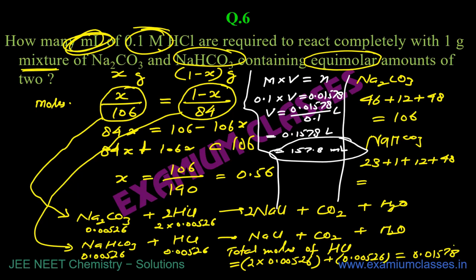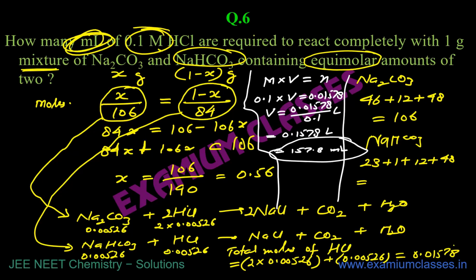Yes, sir. Sir, so in the final part, from each of the solutions, we will add up the total moles. You are saying number of moles of hydrochloric acid? Yes, sir. We will obviously get the moles which react with sodium carbonate and the number of moles which react with sodium bicarbonate.